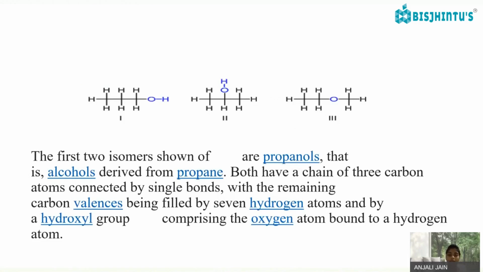Both have a chain of 3 carbons connected by single bonds, with the remaining carbon valences filled by 7 hydrogens, because the valency of the carbon has to be satisfied, and an oxygen atom bound to a hydrogen atom.